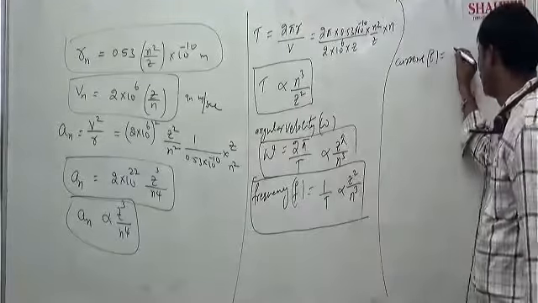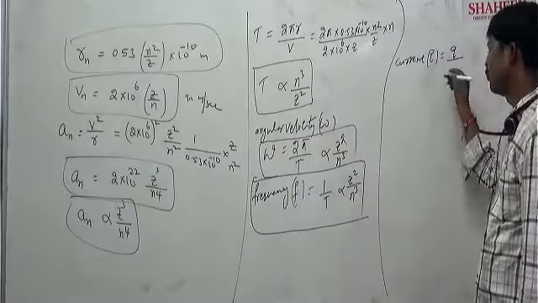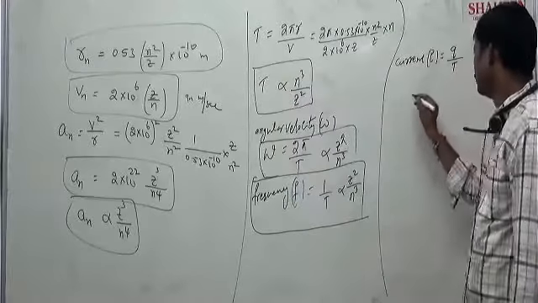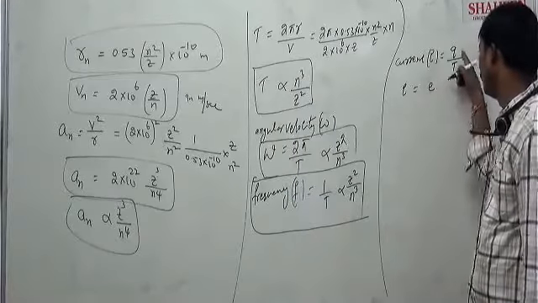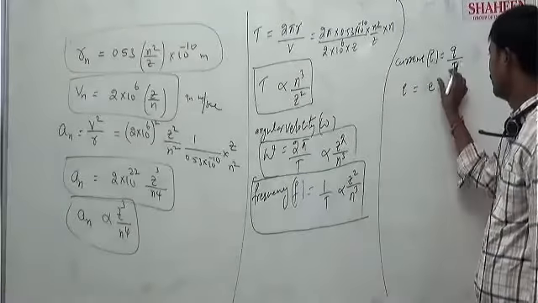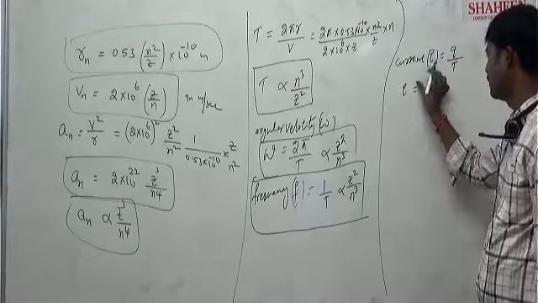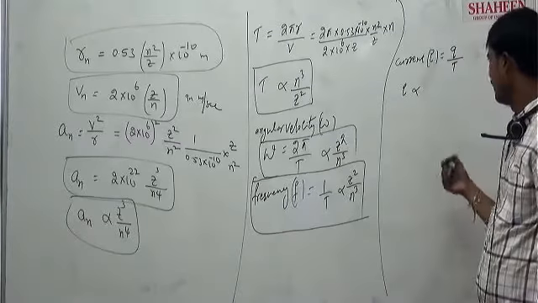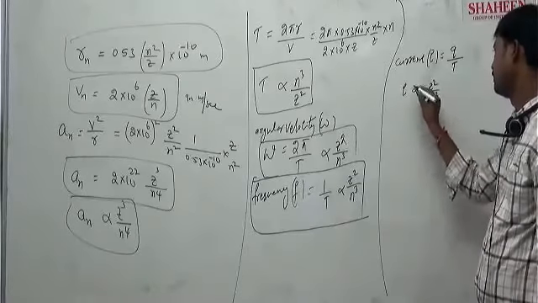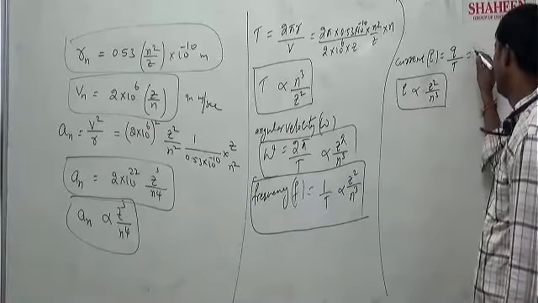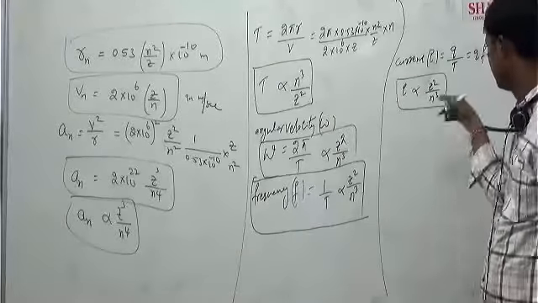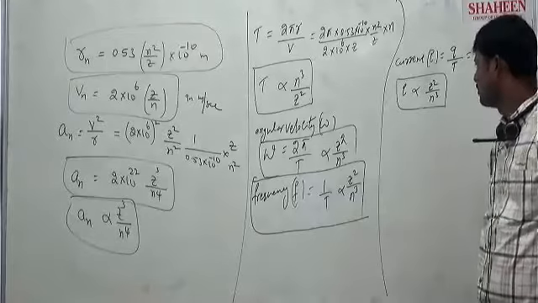So in a circular orbit, for one time period T, for the electron we write e into 1 by T. 1 by T means again z square, so proportionality I can write, proportional to 1 by T only, z square by n cube. Or this can be written as Q into f also, because 1 by T is frequency. Clear? Next.